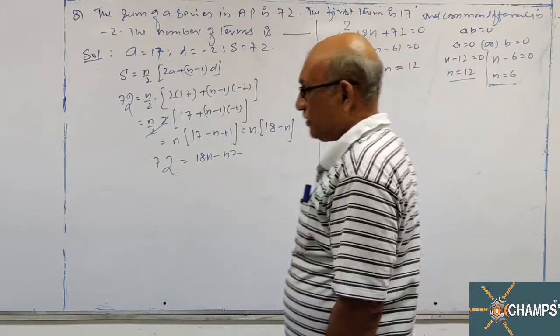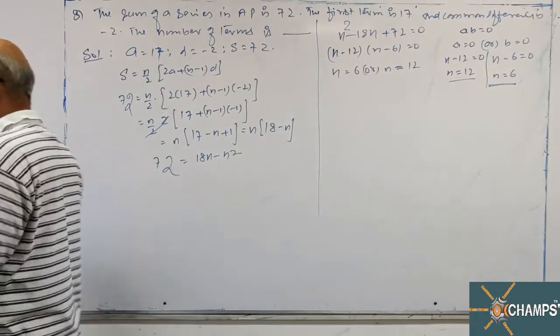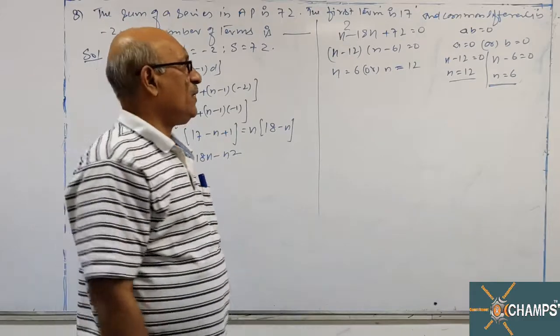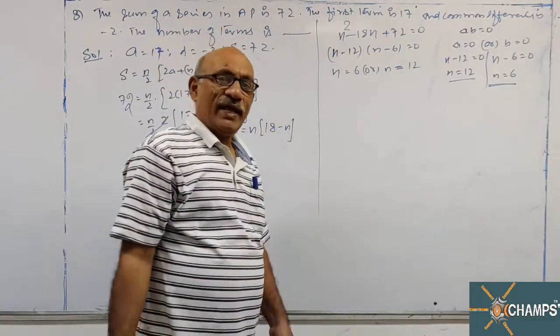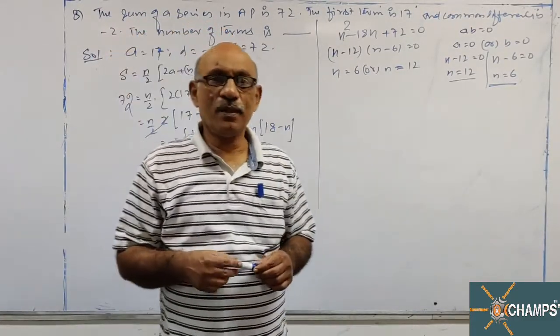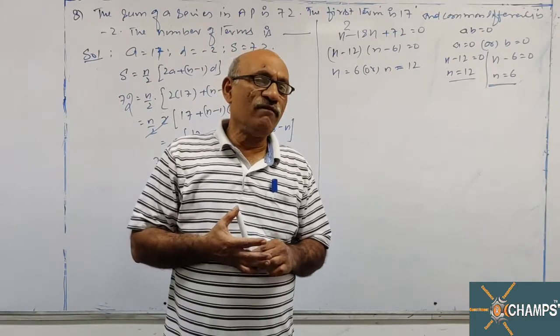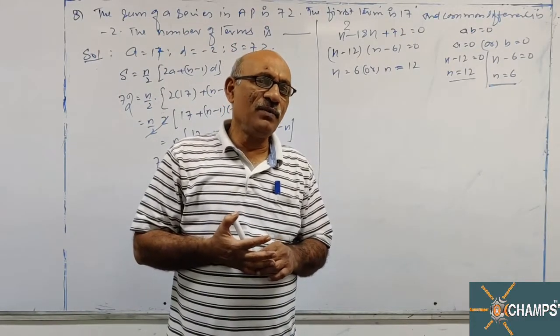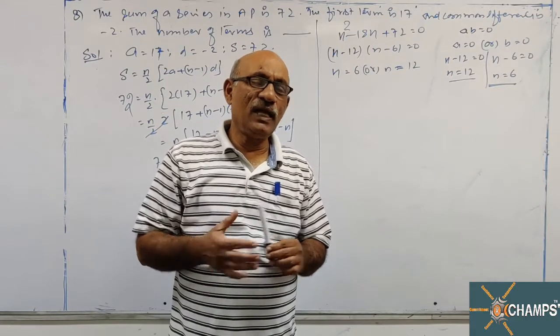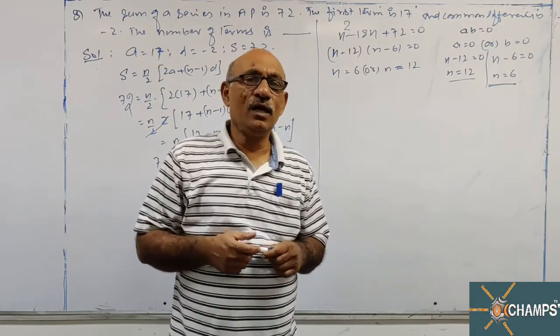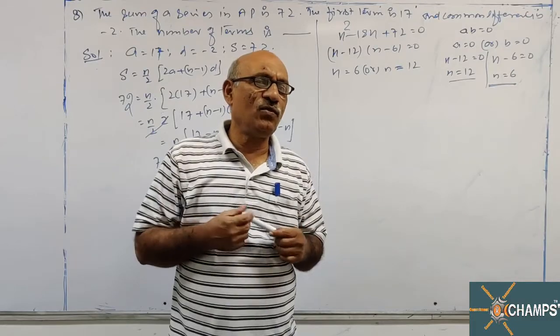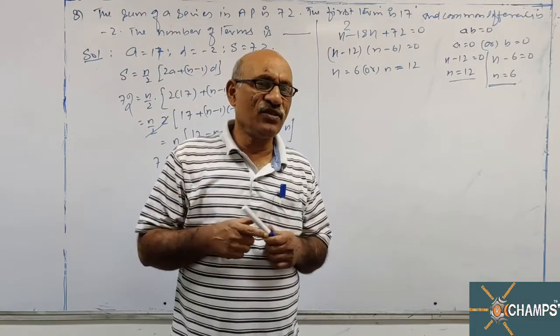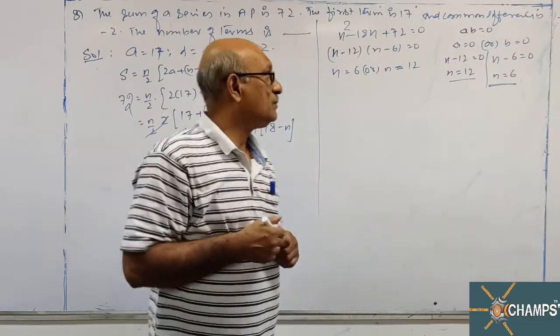This way you have two values. Now again I'll get a doubt here. For two different positive values of n, the sum is the same. Again doubt.